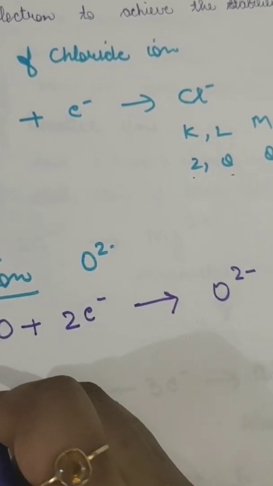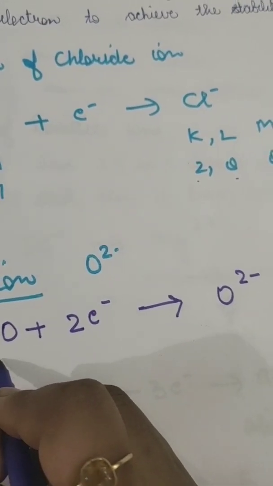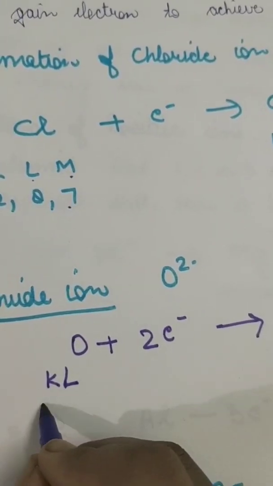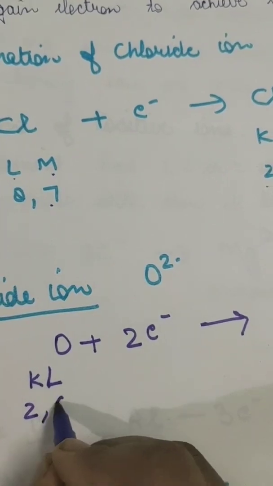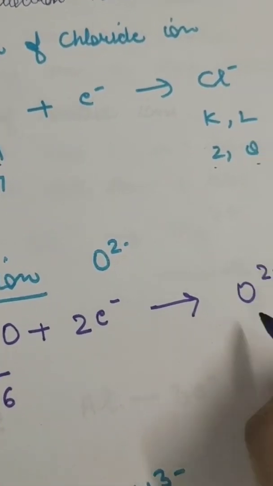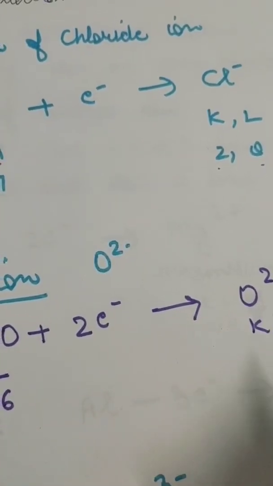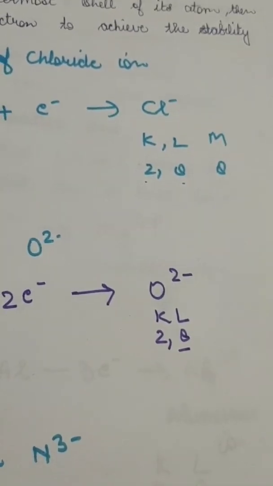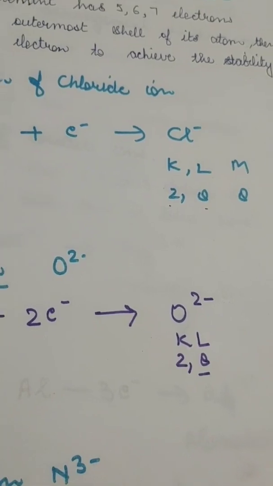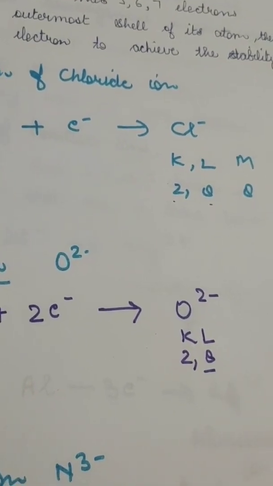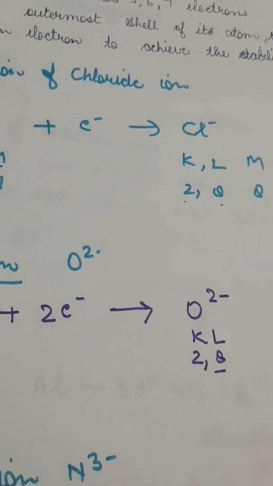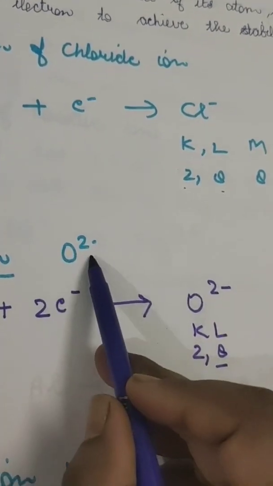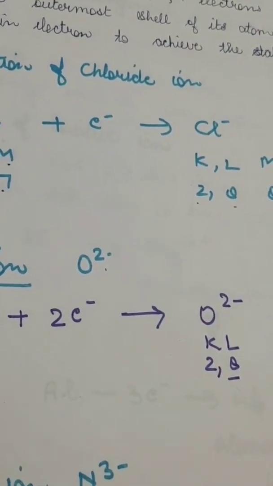The configuration of oxygen was K and L, 2 and 6. After this, it will become 2 and 8. So 8 is complete, and it has gained the electronic configuration of neon. So now it's stable. That is why it becomes a negative ion, which we call an anion.